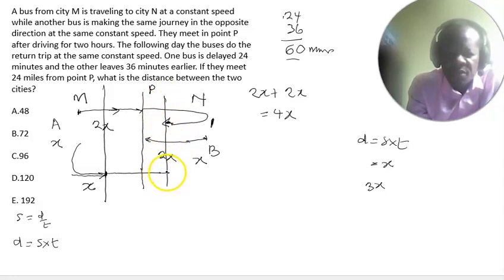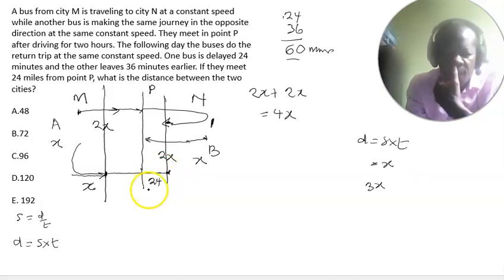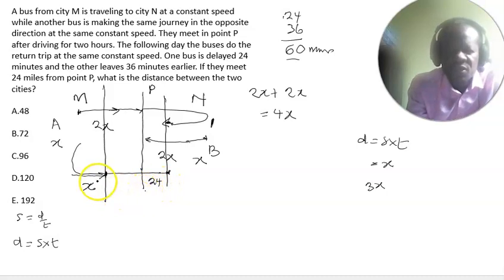They meet at this point, which is 24 miles from P. So bus A is now moving towards the direction to meet B at this point.